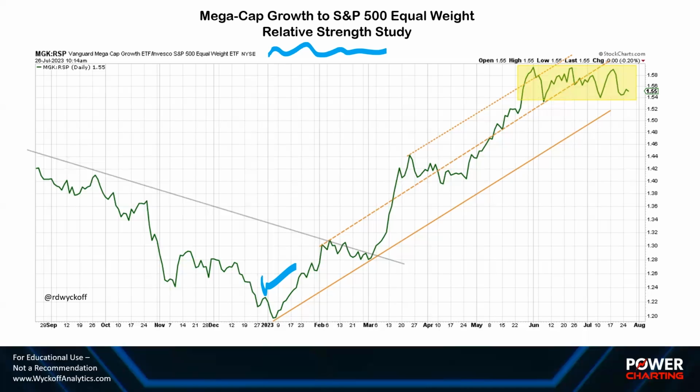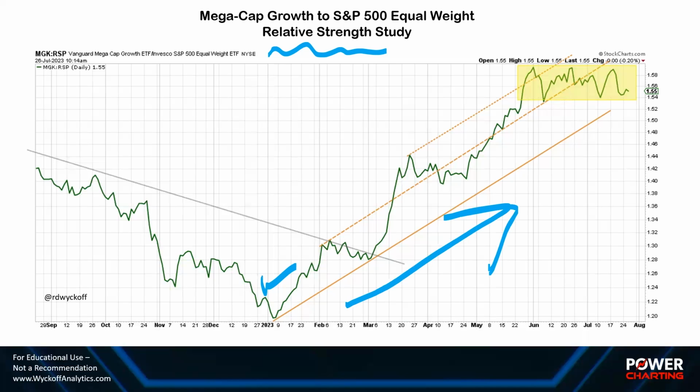And you can see here this relative strength line by its directionality going northward has demonstrated that the mega cap growth names have been dominant. They've been leading the way. They have been outperforming.